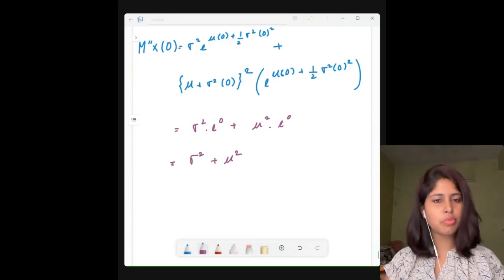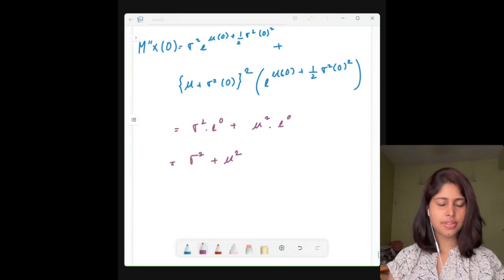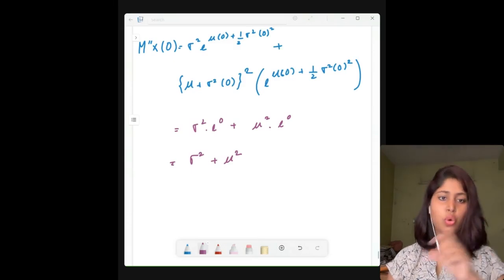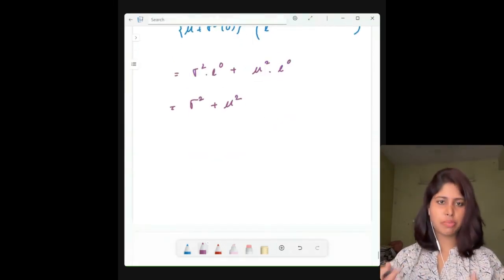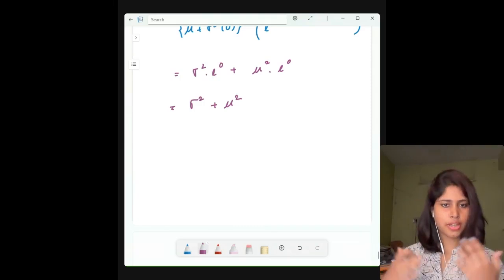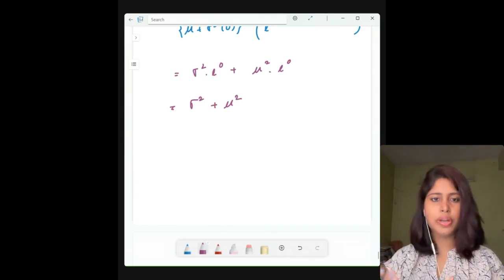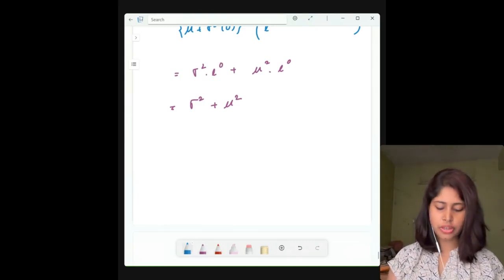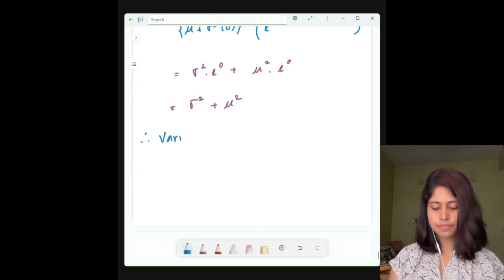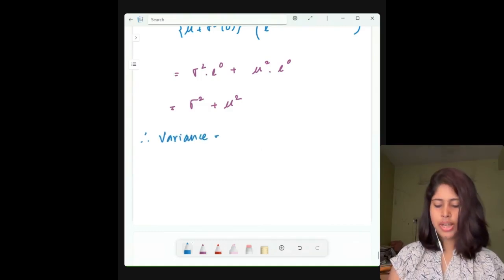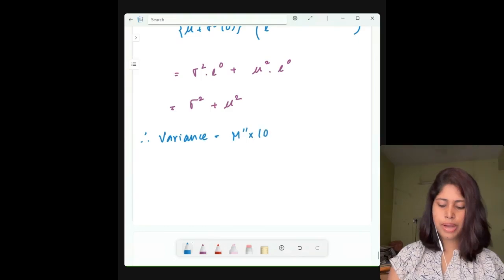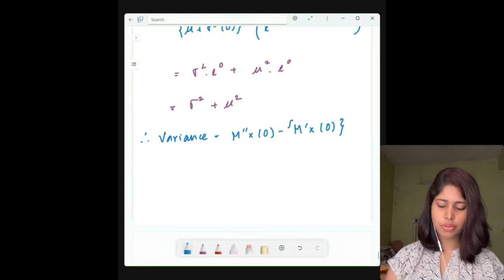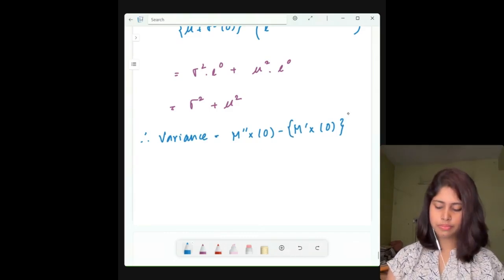Now how will you find the variance? Variance is m double dash x 0 minus m dash x 0 whole squared, right? That is expectation of x squared minus expectation of x whole squared. So let me just write it. Therefore, variance is equal to m double dash x 0 minus m dash x 0 whole squared.